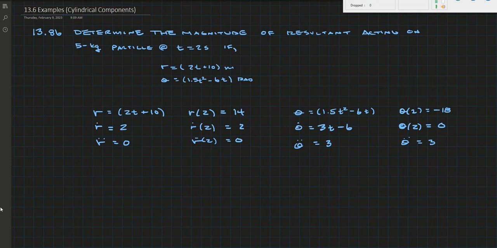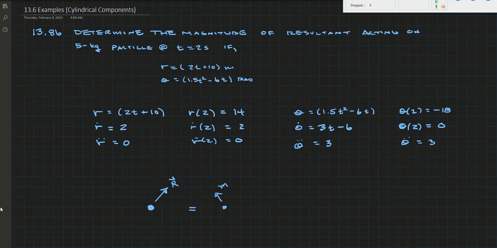Let's draw our free body diagram. So we have some force in some direction. We'll just call it R. Don't know which direction or the magnitude of that, and we'll also have some force in the theta direction. These equal mass times acceleration.